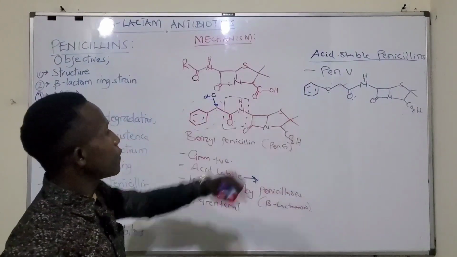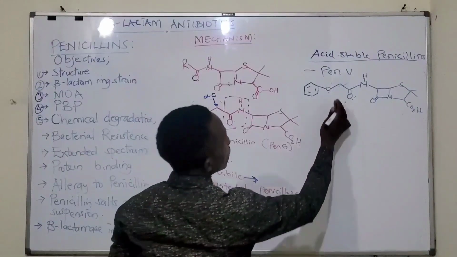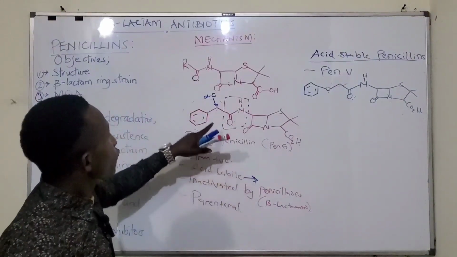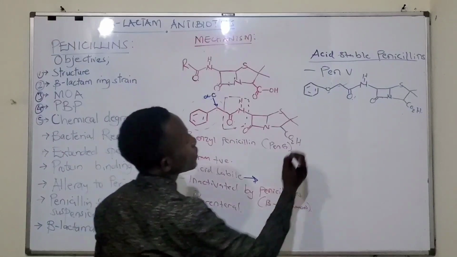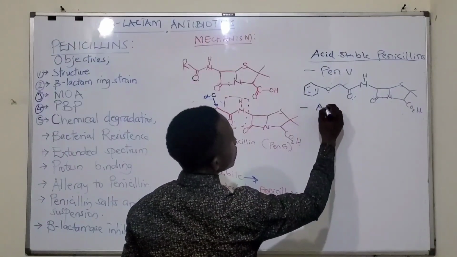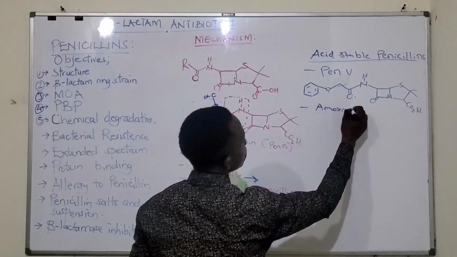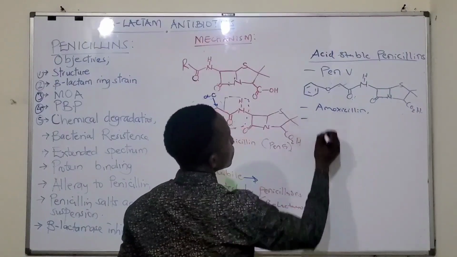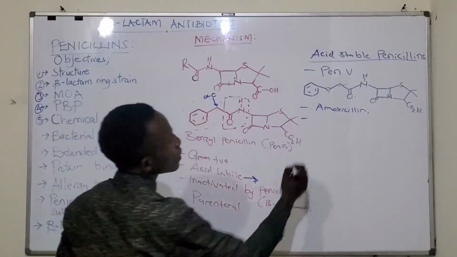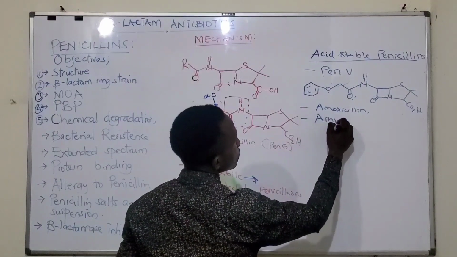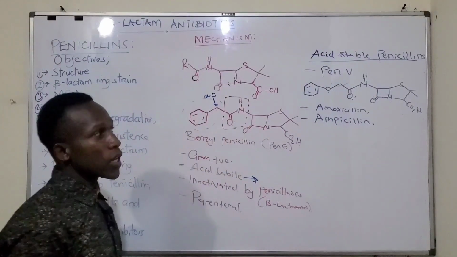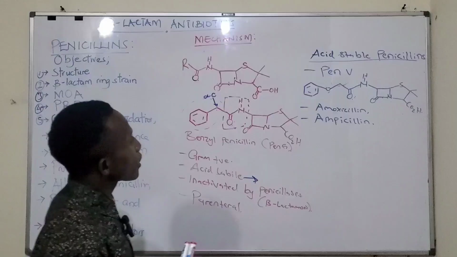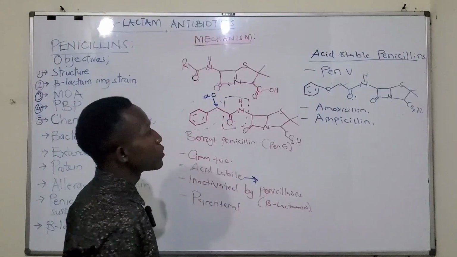So again, for example, if we put at the alpha carbon an amino group, for example in amoxicillin, ampicillin, those are highly electronegative groups.